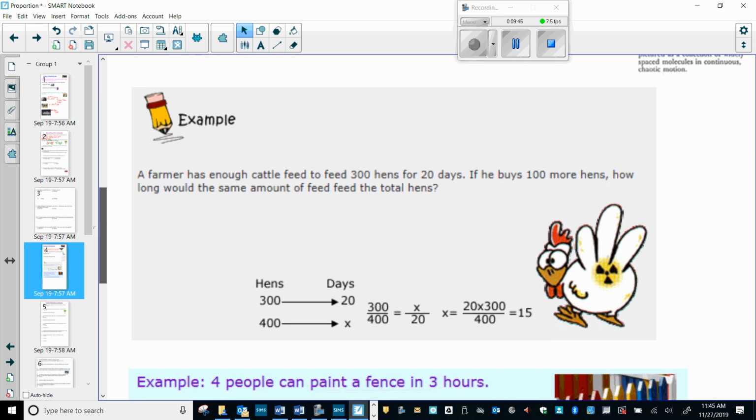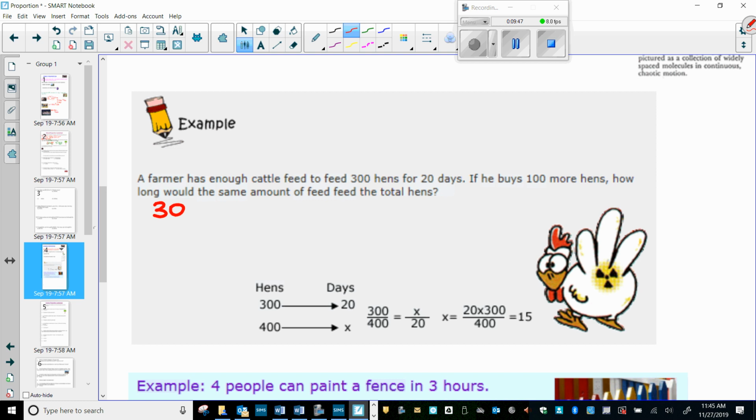If I was doing this one, I'd have 300 hens and 20 days. Now, my question is talking about a different number of hens. So what I would do is find 1 hen. Whereas before for direct proportion we divided by the amount first and then multiplied afterwards, for inverse proportion you're actually going to multiply first and then divide.